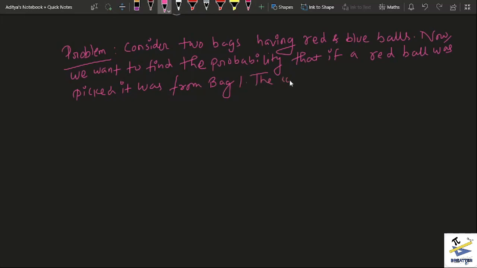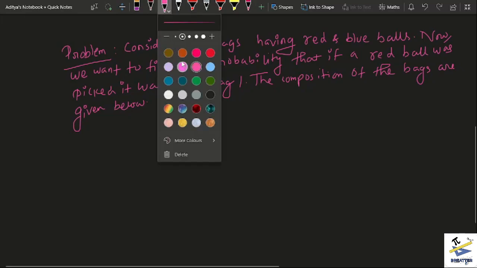The composition of the bags are given below. So let me write the composition for the bags here.